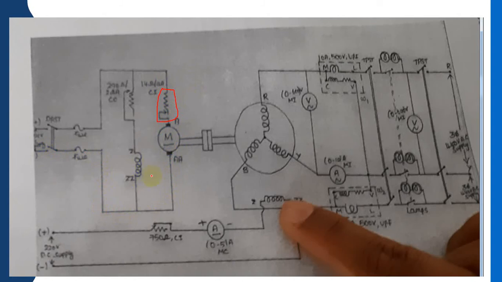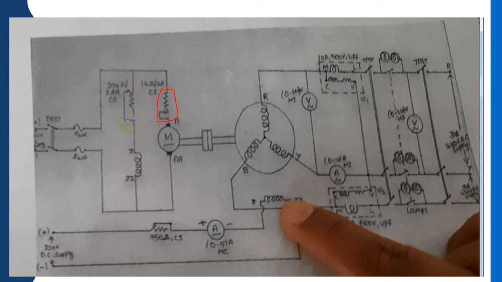Next, for the field coil we have to provide the supply. From the same positive point of the supply, through a connecting wire, it is connected to a rheostat. Even the field coil is provided with a rheostat, in order to limit the current, add resistance, or achieve the required value of current or speed.